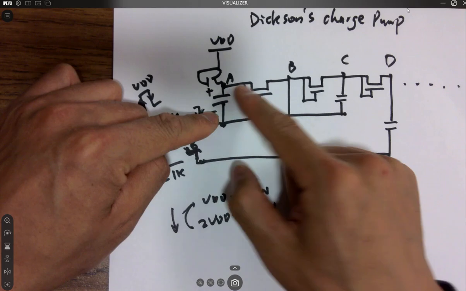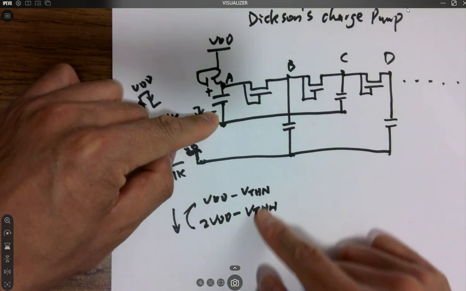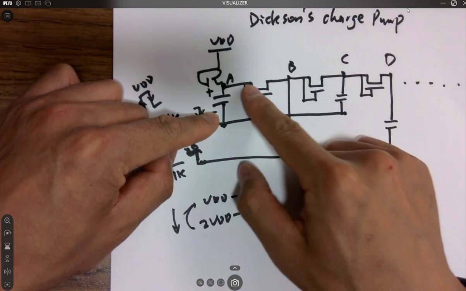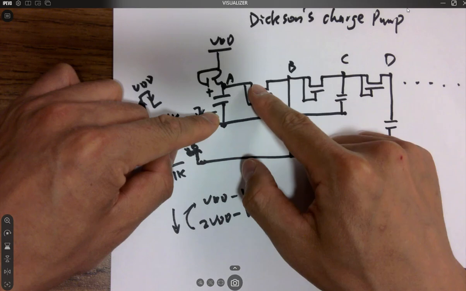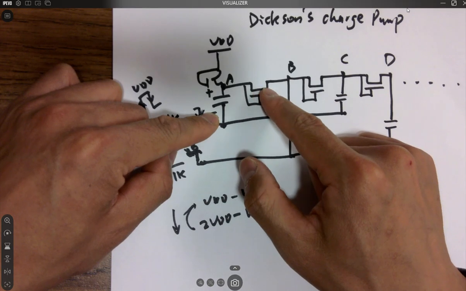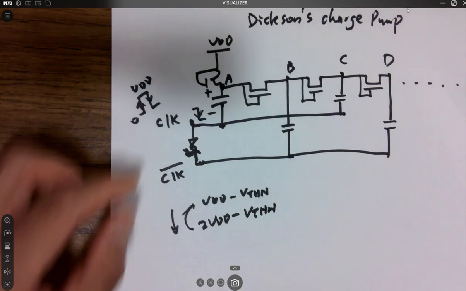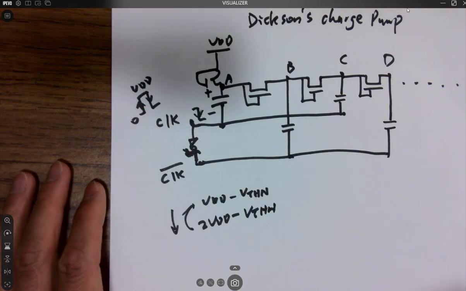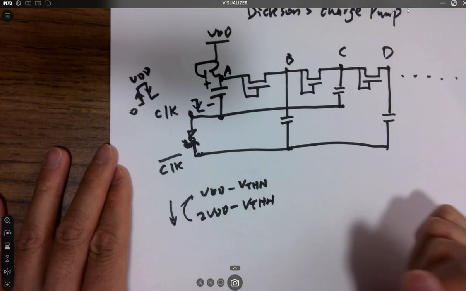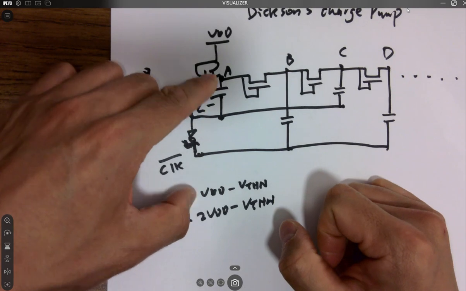Whenever the voltage getting here is sent through this resistor to here, it's with the reduction of one VTHN across it. However, it's also adding what to it?